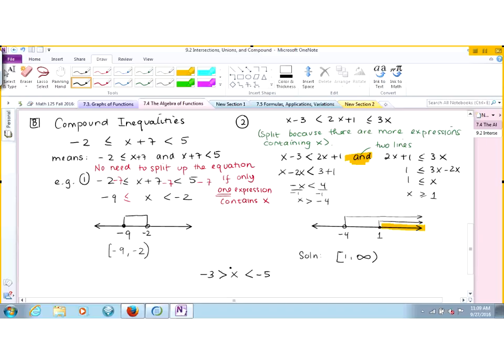What do I call it? Either strictly less than on both, or greater than on both. You cannot have mixed signs like this. So it has to be the same direction, either this or right on both.